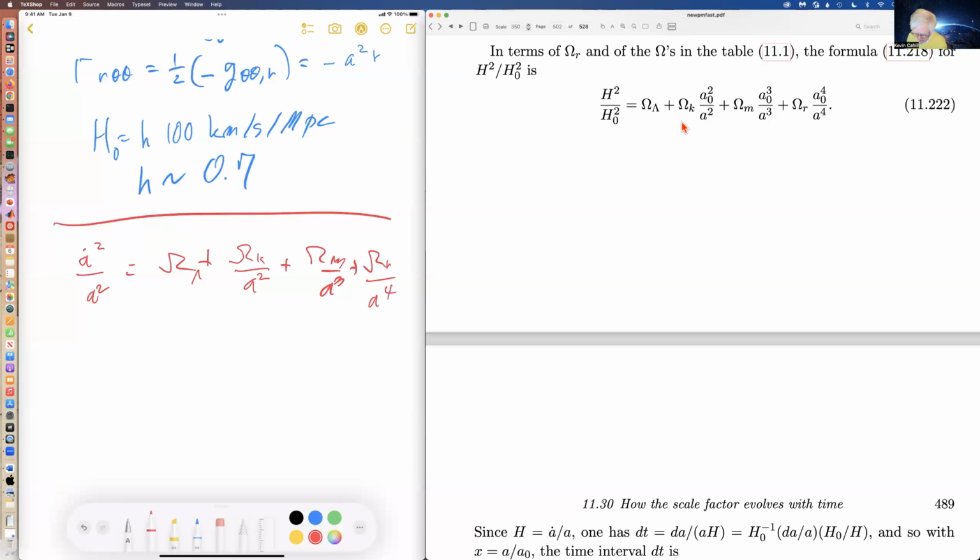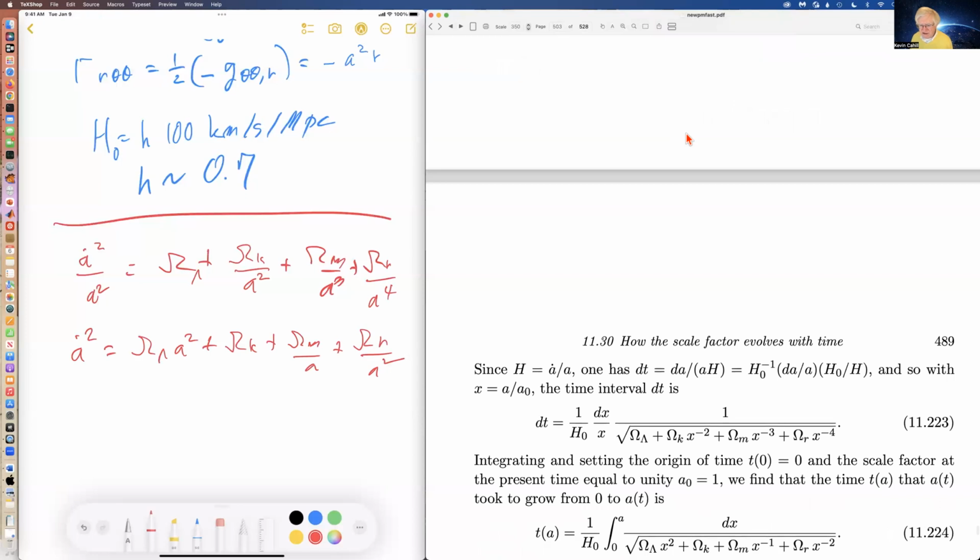So this is our equation, and then you get a dot squared then is omega lambda times a squared plus omega geometry plus omega matter over a plus omega radiation over a squared. So that's the equation that one has.